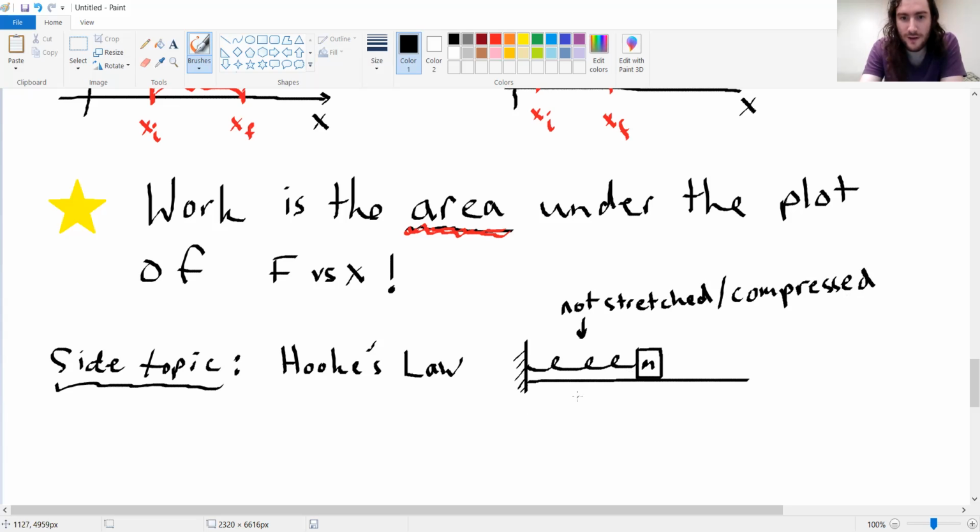Then that spring will have a natural resting length. We call it L or something. The rest length of the spring.